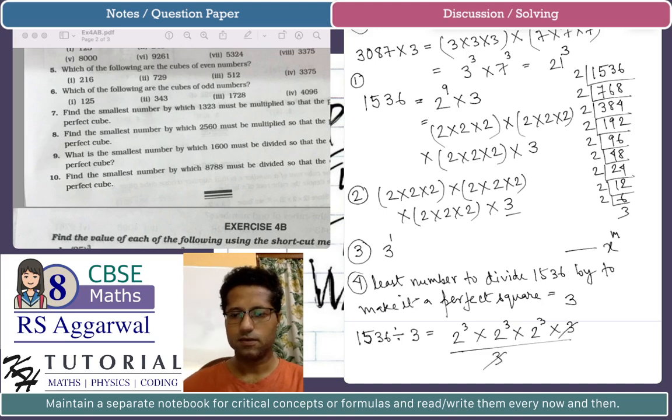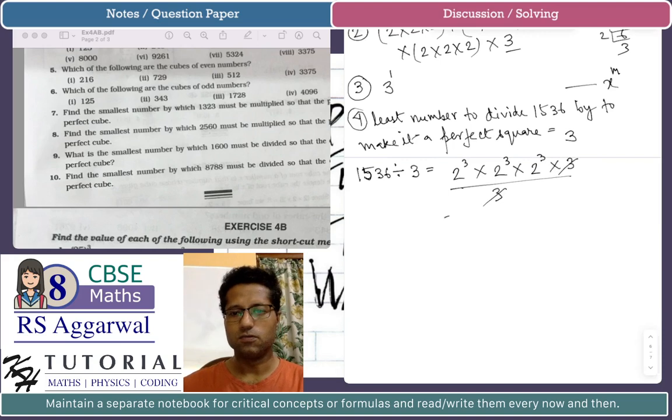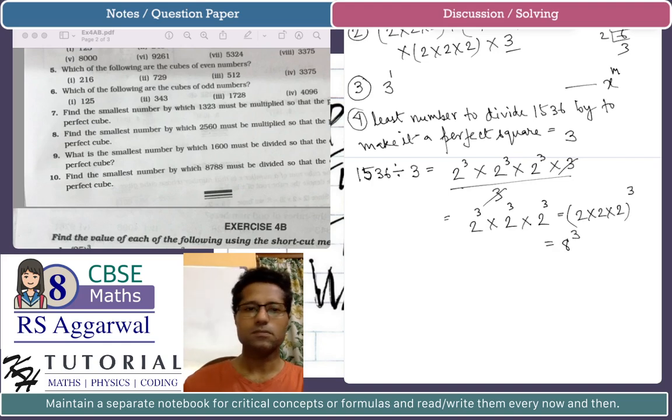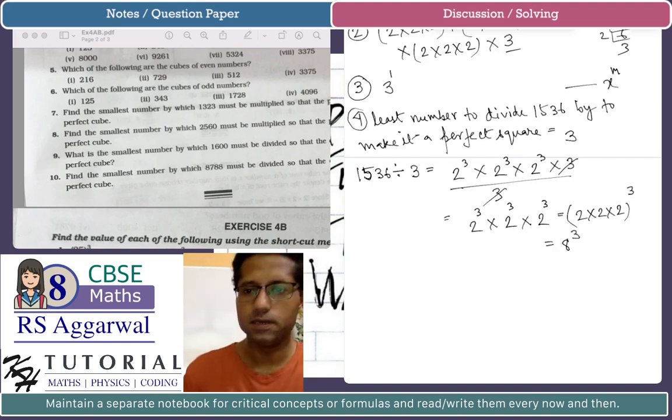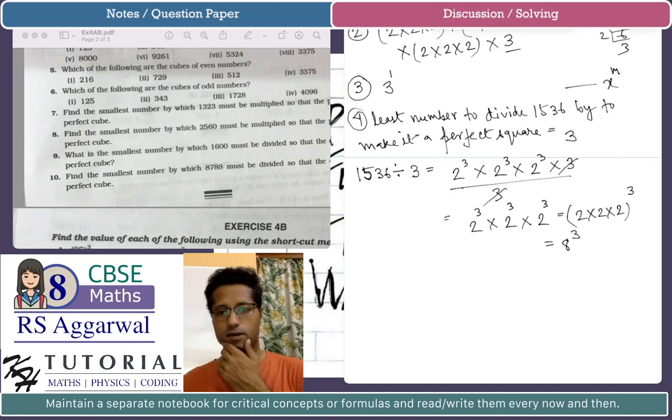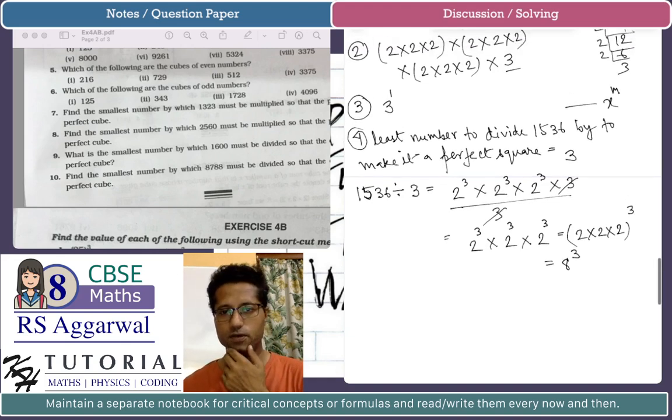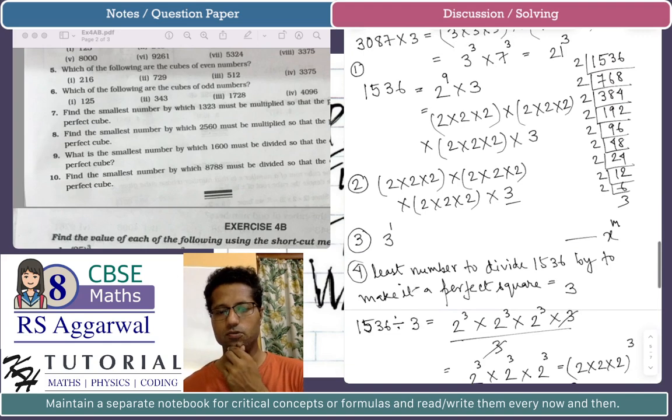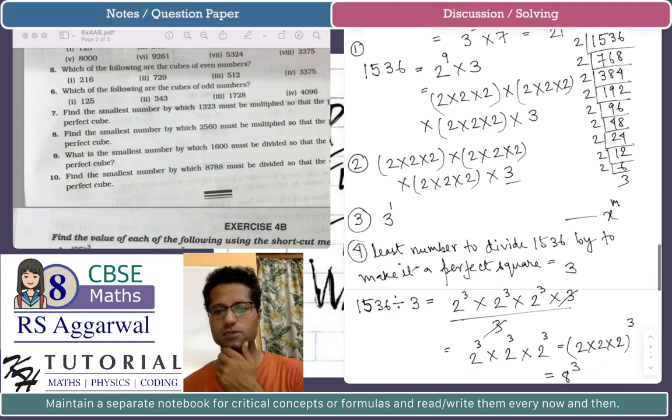So 3 cancels out, and this is equal to 2 cube multiplied by 2 cube multiplied by 2 cube. This is nothing but 2 multiplied by 2 multiplied by 2, this whole cube, which is 8 cube. So the answer is: the least number by which 1536 needs to be divided to make it a perfect cube is 3.